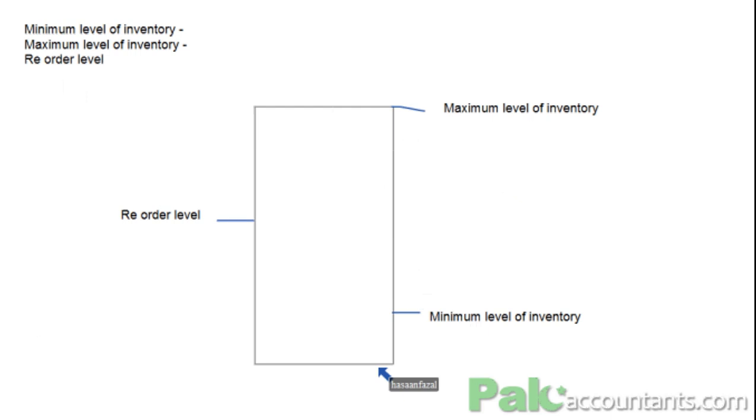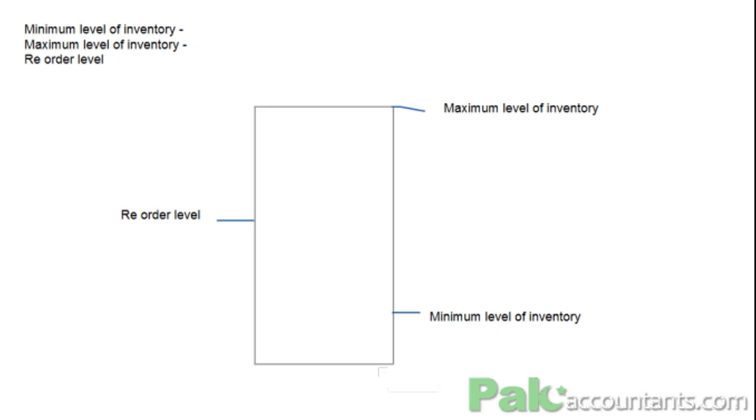But how are we going to measure these values? How do we know what the maximum level of inventory is, what the minimum level of inventory is, and what the reorder level is? Let's have a look.